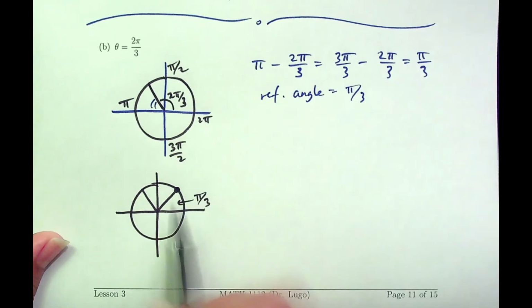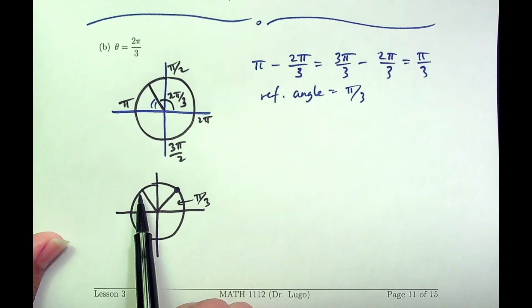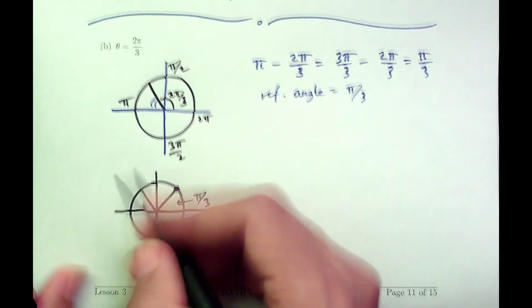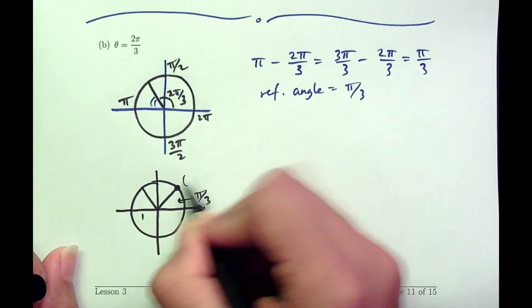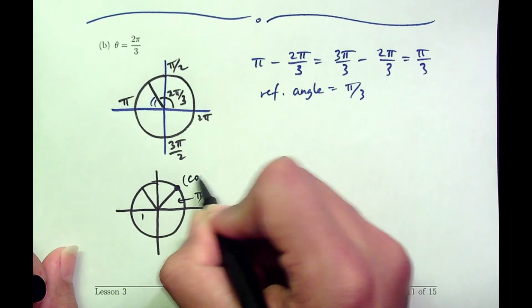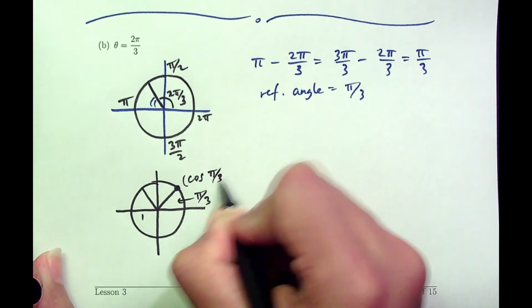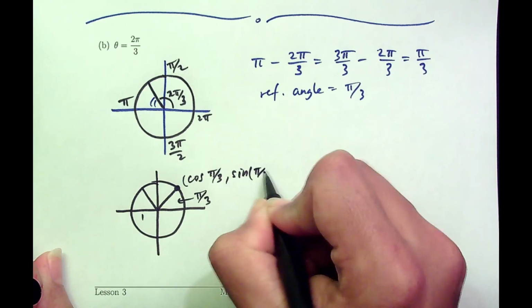If I know the coordinates of that point, I can figure out the coordinates of this one, because it's going to be the same coordinates as the reflection, but with the signs adjusted. That's the whole point of this. So what are the coordinates of this point? The x-coordinate is the cosine, so cosine of pi over 3. The y-coordinate is the sine, so sine of pi over 3.